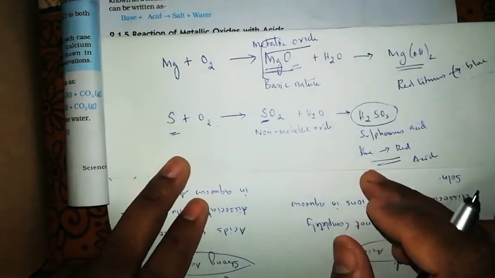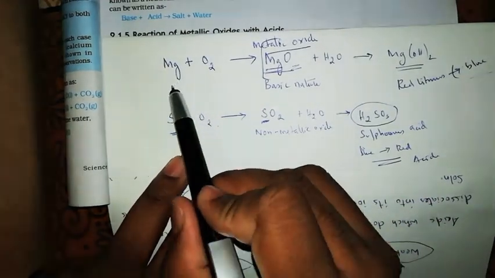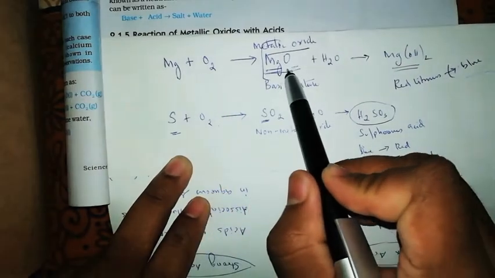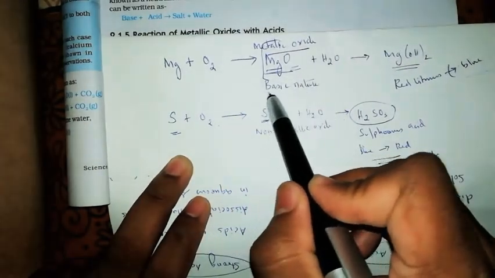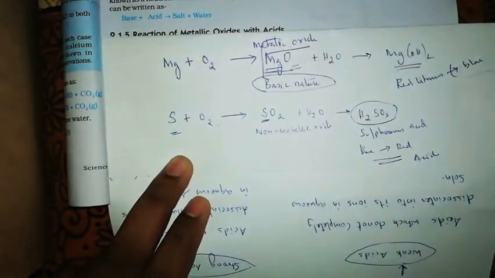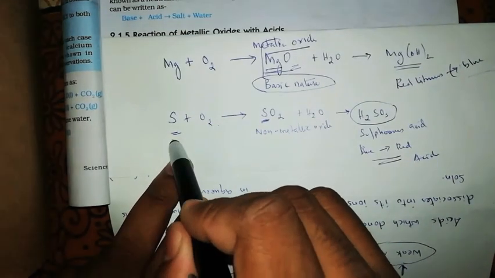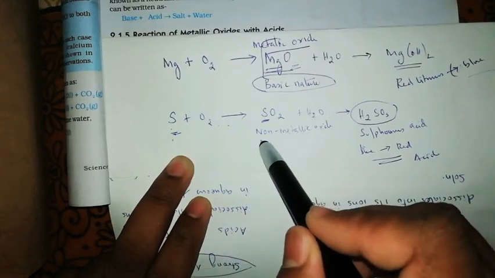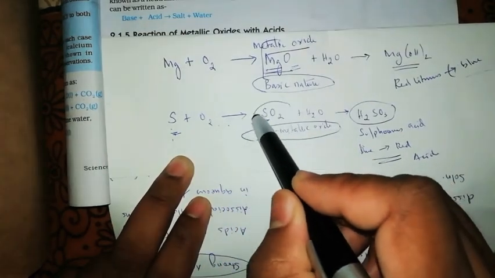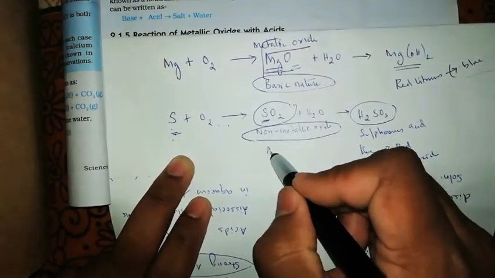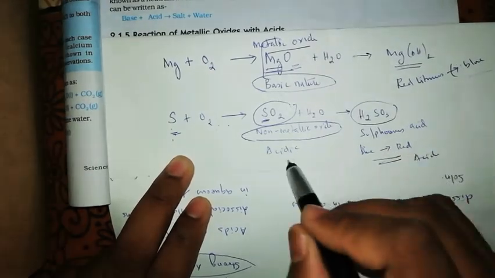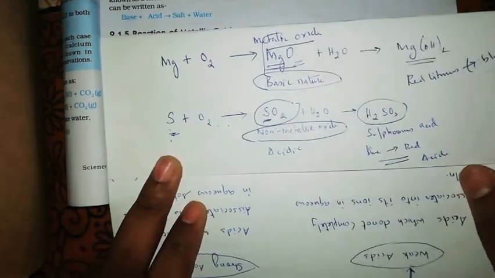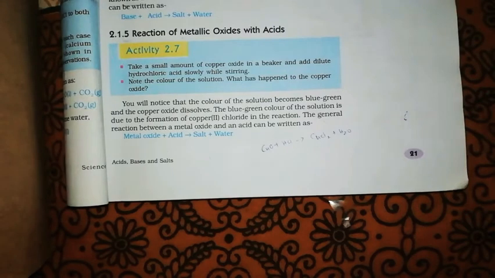So one thing you have to keep in mind: when a metal reacts with oxygen, it gives a metallic oxide, and that is always basic in nature. When a non-metal reacts with oxygen or is burned with oxygen, it gives a non-metallic oxide, and that is always acidic in nature. Okay, that is what we are going to learn here.